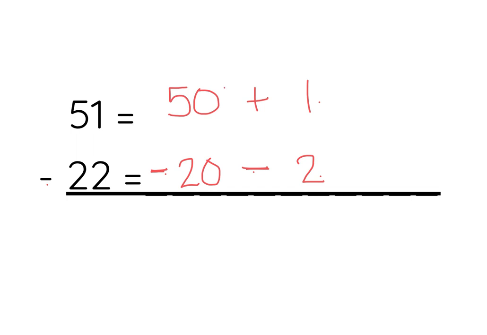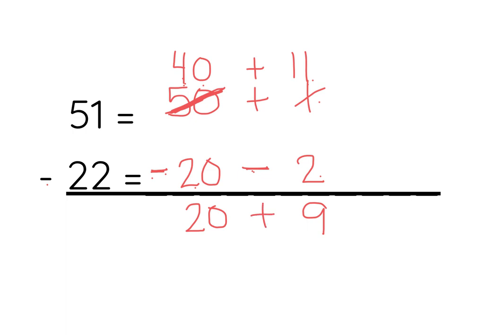So we are going to rename that 50 plus 1 into a 40 plus 11. Notice I regrouped one group of 10 and gave the ones column that 10. Now I have 11 minus 2 equals 9, and 40 minus 20 equals 20.